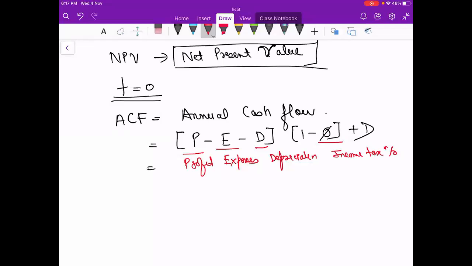Profit means actual money that you are getting, but that is not the money which is going directly into your pocket. Suppose you have sold some Aquaguard and you have a profit of 10,000 rupees. Is this the money going directly to your pocket?